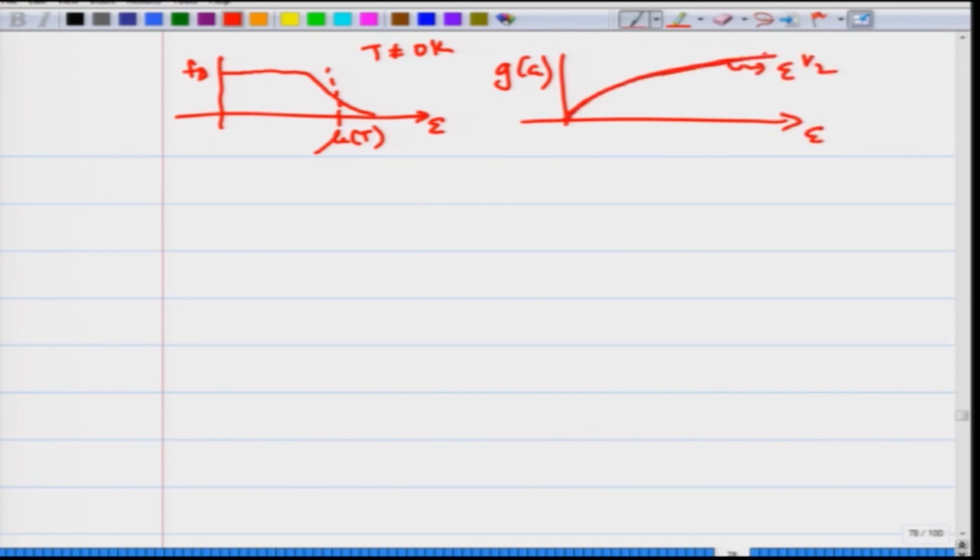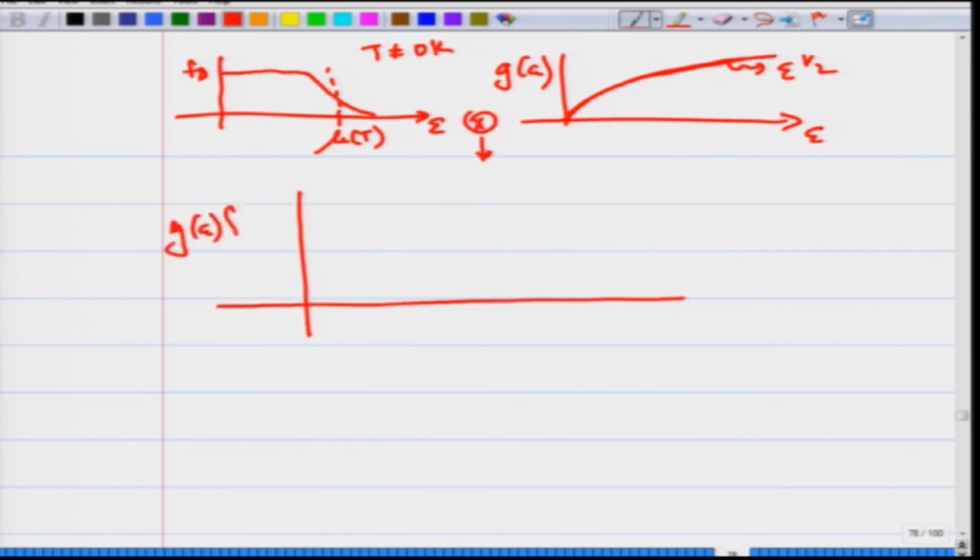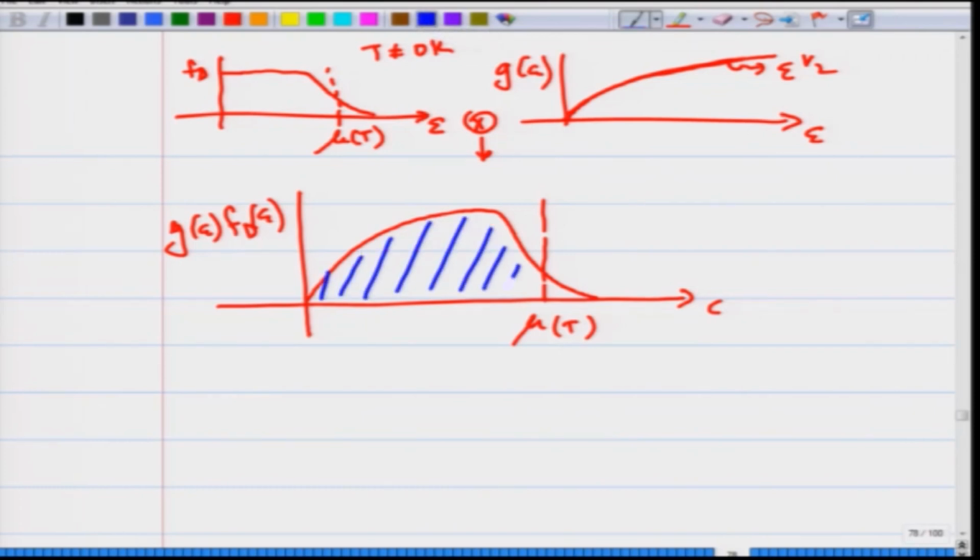So, if you take the product of these two functions, then the density of occupied states G of E f of E as a function of E will look slightly different from what I had shown you for temperature T equal to 0, where this is the chemical potential mu at T, and all of this is occupied and these are vacant.